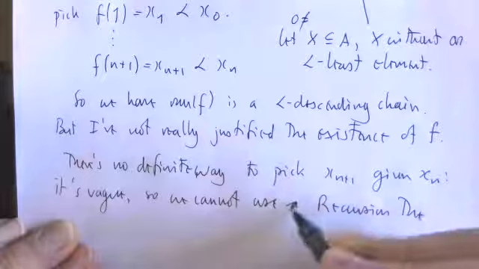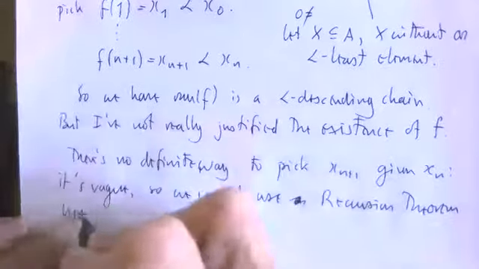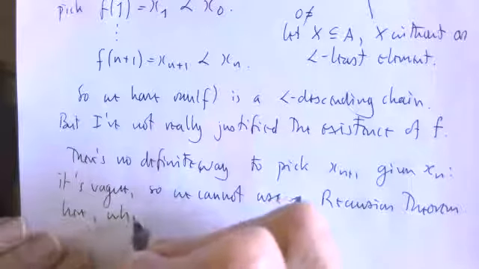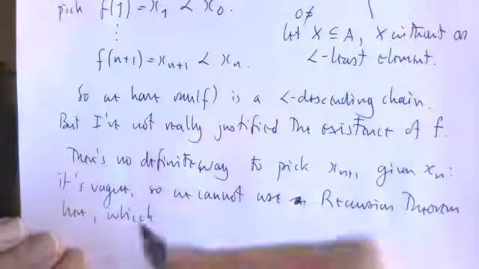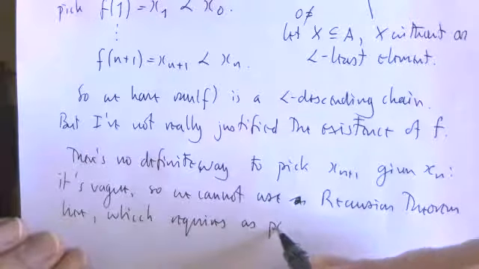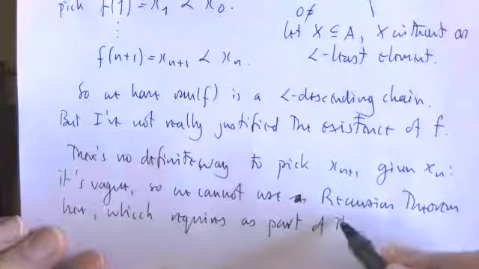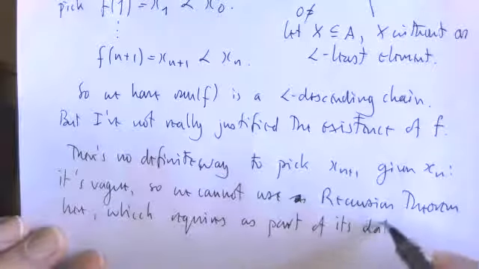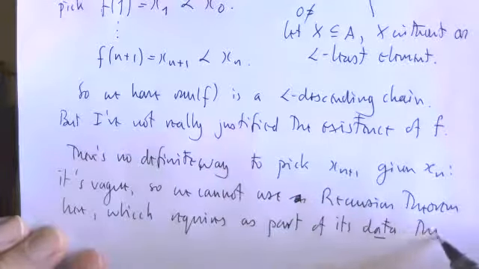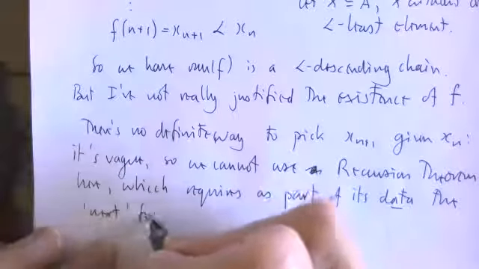So we cannot use the recursion theorem here, which requires as part of its data the function that says what the next thing is, the function f.